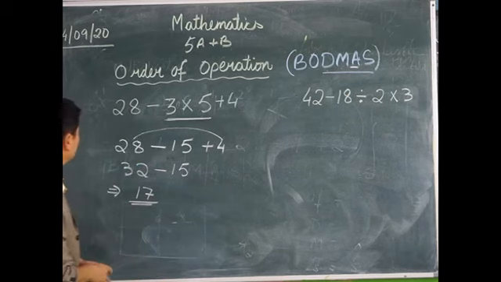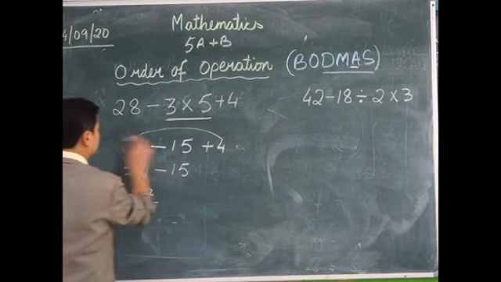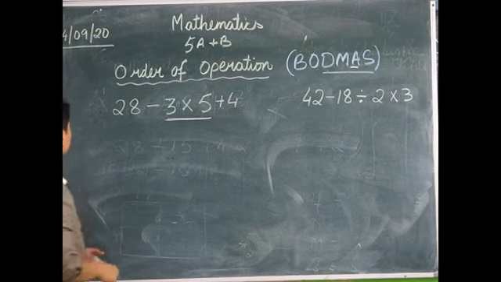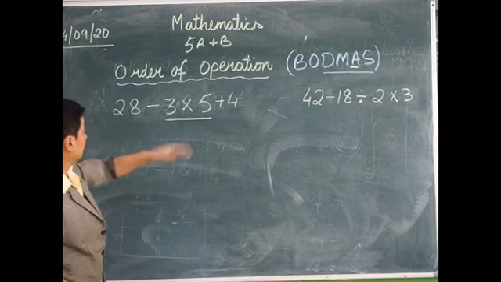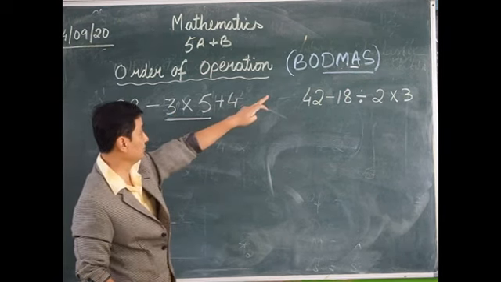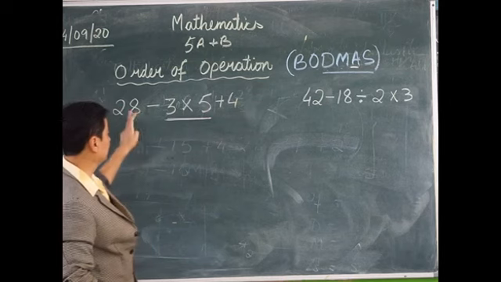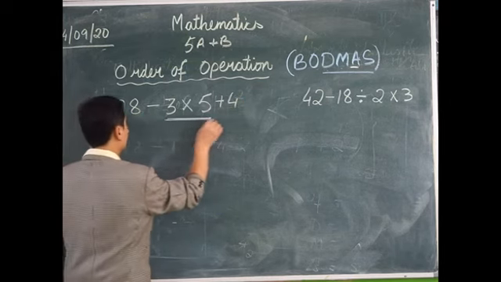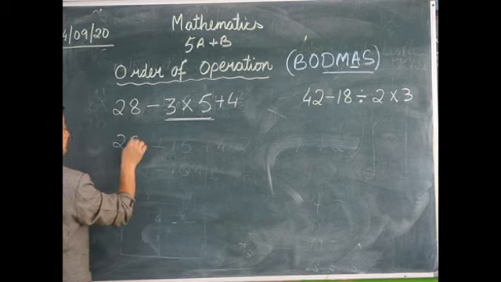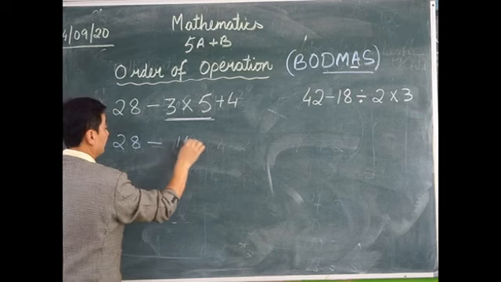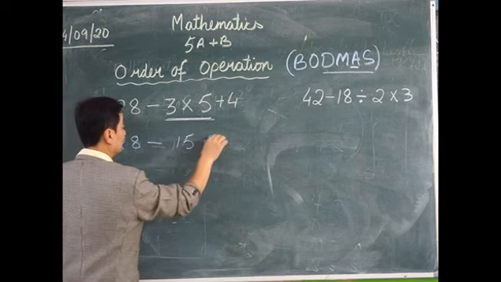So here, let's do it again. We must be slow at the beginning. So we look at the signs first. And what does BODMAS say? We have to do division first, but there's no division, so we do multiplication. So I have underlined this. Other numbers remain the same. 28 minus 3 5s are 15, and plus 4.